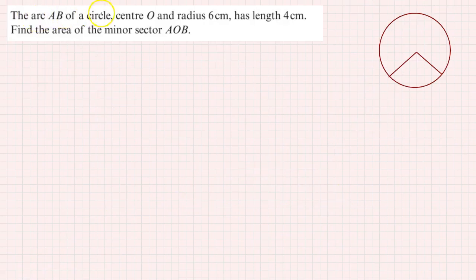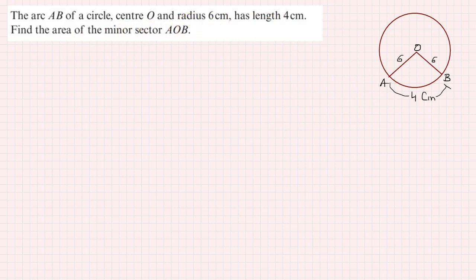Now the question: the arc AB of a circle with center O. This center is O, this is A and B, and these are the radii. This is not very accurate. Radius 6 centimeter, this is 6, this is 6, and the arc has a length of 4 centimeters. So this length is 4 centimeter.